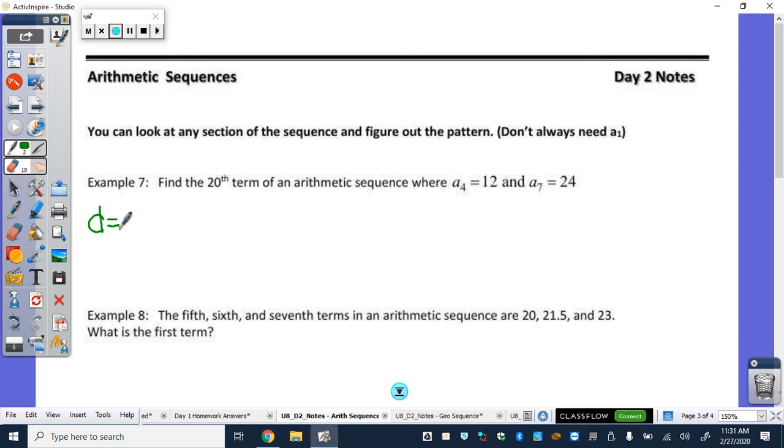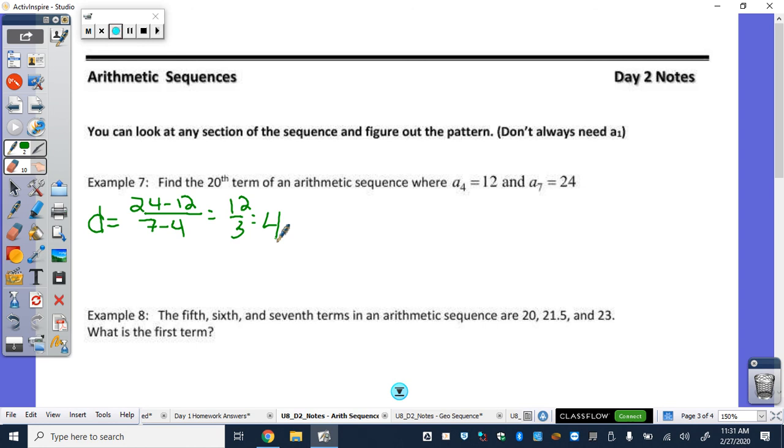Again, first thing we got to figure out is that common difference. And so we can just use our slope formula. 24 minus 12 over 7 minus 4. That's going to give us our common difference here. So we end up having a common difference of 4. They want us to figure out the 20th term.